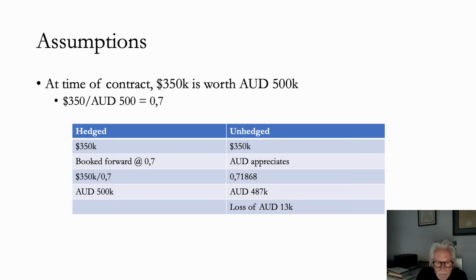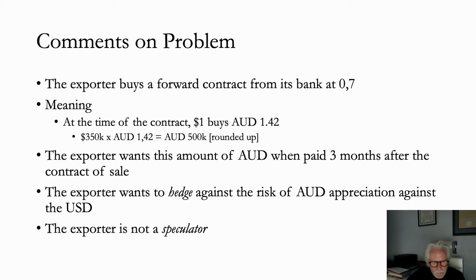It's a loss, at least in terms of expectation, of 13,000 Australian dollars. This I'm not going to explain. I just want to focus on 2 points. All right, so at the time of the contract, a US dollar can buy 1.42 Australian dollars. And I've rounded up the figures for you.